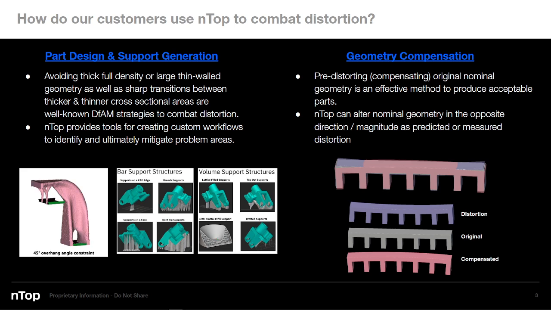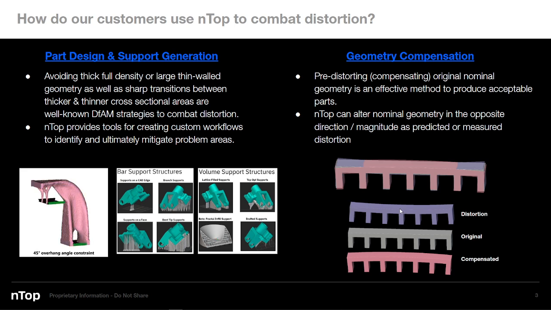You can see it over here on the right-hand side. The original nominal geometry is this straight structure here, a comb-like structure, right? With some vertical slats on it. And what's happening during the process is it's becoming distorted in, for lack of a better term, a smiley face orientation, right? It's curving upwards when that happens.